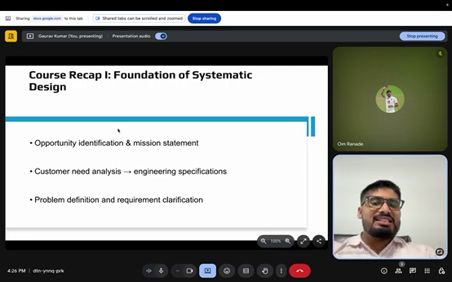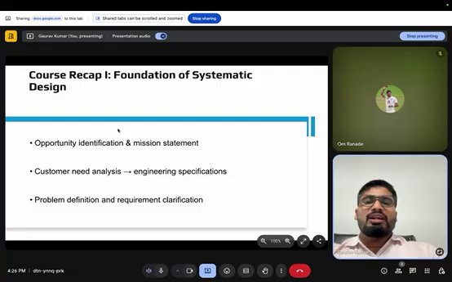Customer needs analysis then converted qualitative desires into measurable engineering specifications. This process ensures the design objectives were user-centric and evidence-based from the outset.